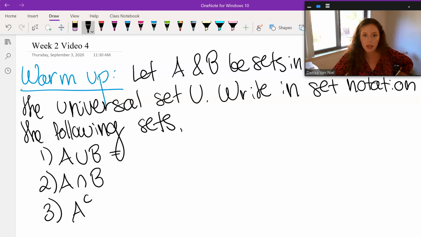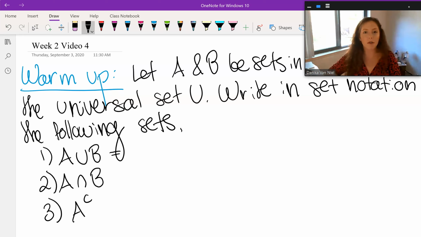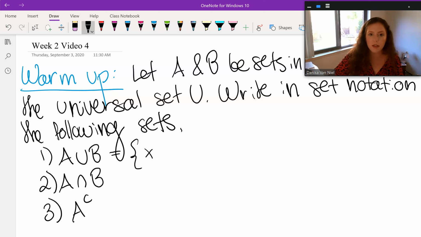So A union B, the idea, remember we were talking about the bowls. We have two bowls, let's say, and we're just dumping them together, right? So we have elements X, and remember the line's not our only option, we can also write a colon.